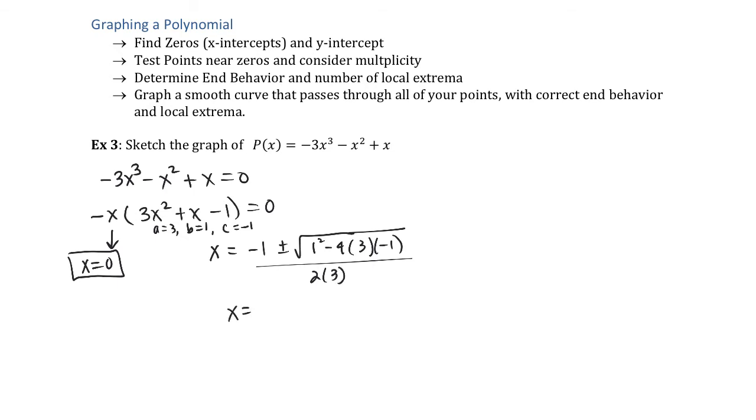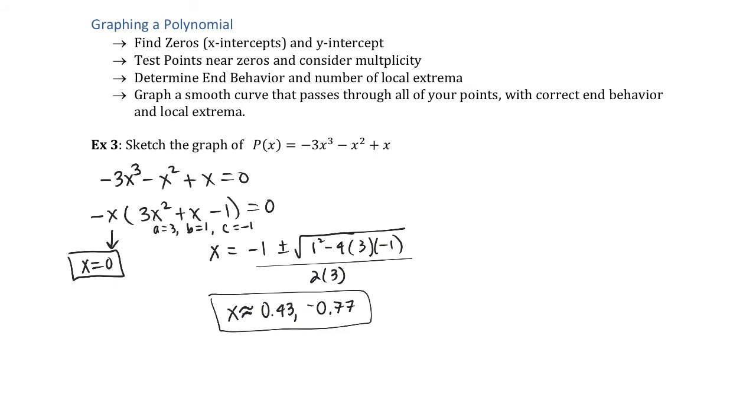And you can just pull out your calculator, and we would get that x equals 0.43 and negative 0.77 approximately. All right, so we found 3 zeros.